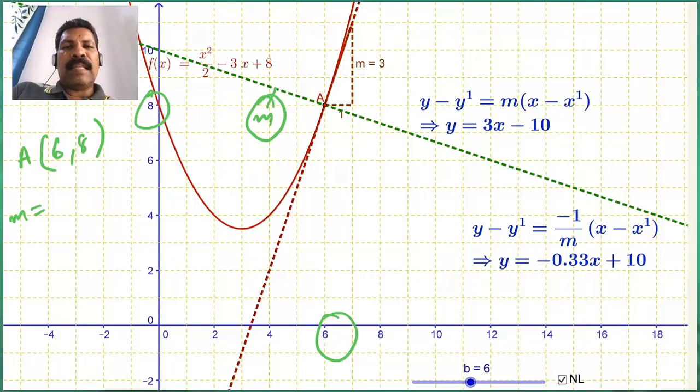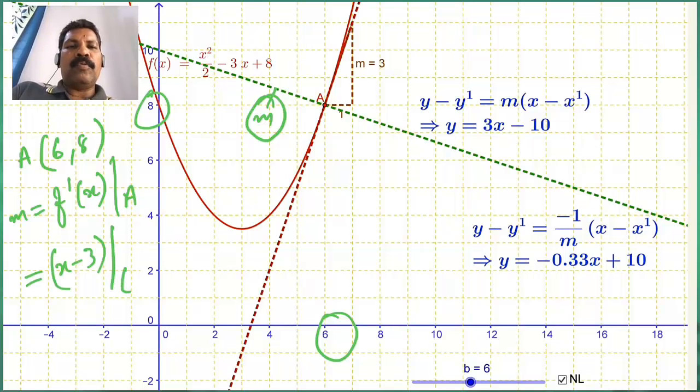So here m is nothing but the derivative value at capital A. That is x minus 3 is the derivative value, and we have to put (6, 8). Here there is no y, so we need not substitute it. Only x is in the derivative, so we have to substitute x equal to 6. So 6 minus 3, that is equal to 3.